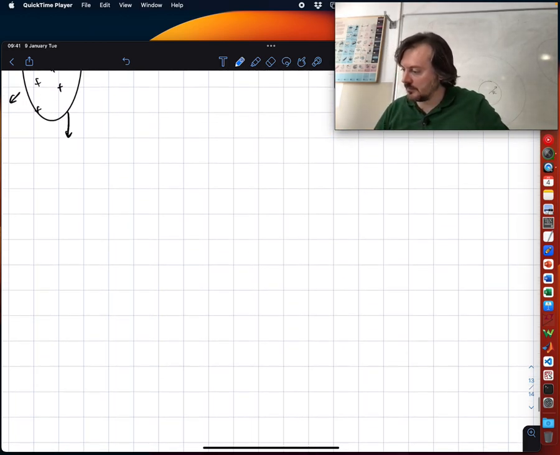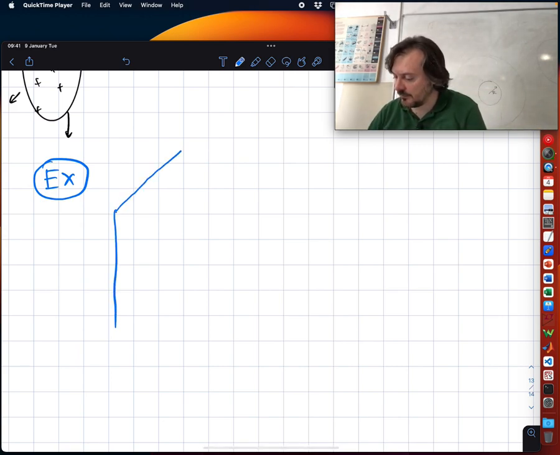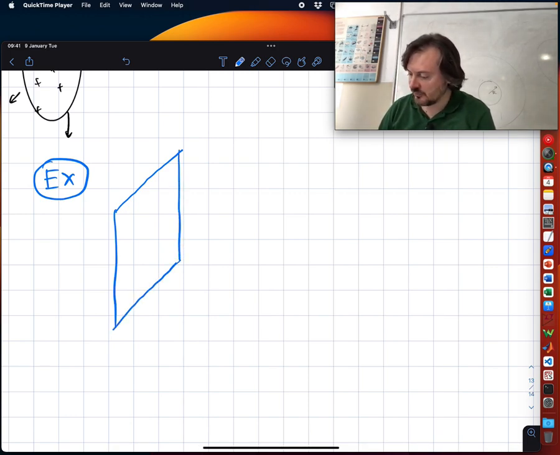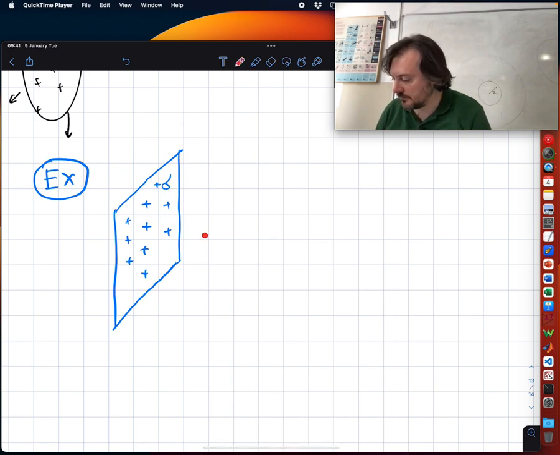Let me talk about this electric field due to charge sheets a bit further. For example, if I have a charged sheet here, and let's say it's plus sigma, then what is the electric field over here?